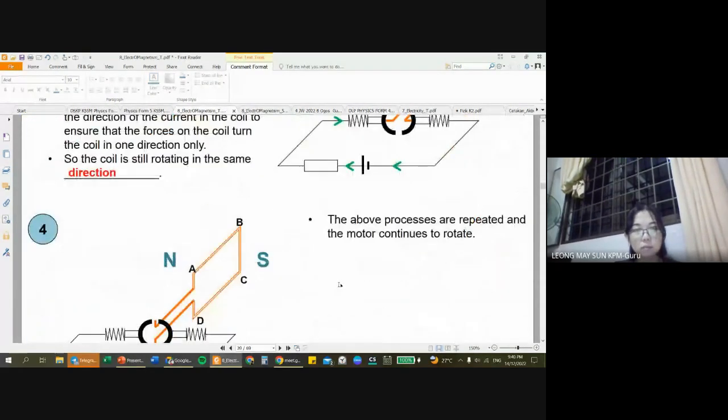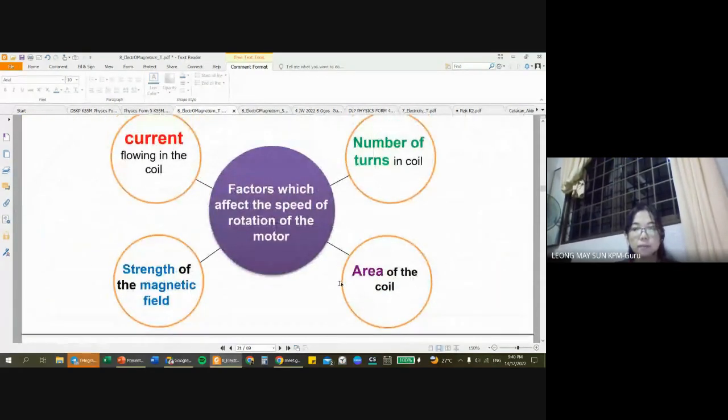Okay, I've explained all this. One more thing that you can see: the area of the coil. Inside the textbook they mention the current, the number of turns, and the strength of the magnetic field using a stronger magnet. Another one is the area of the coil. If you increase the area of the coil, the magnetic force that is created will be stronger as well.